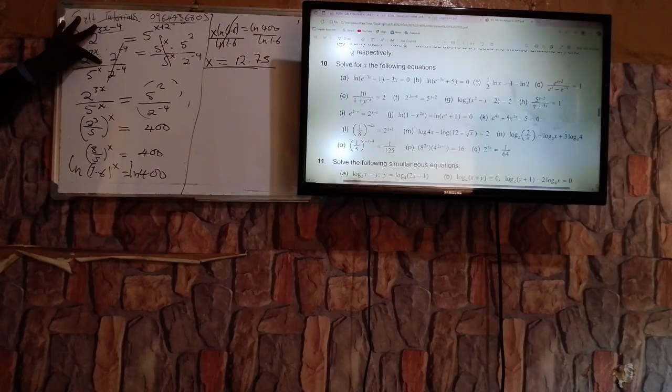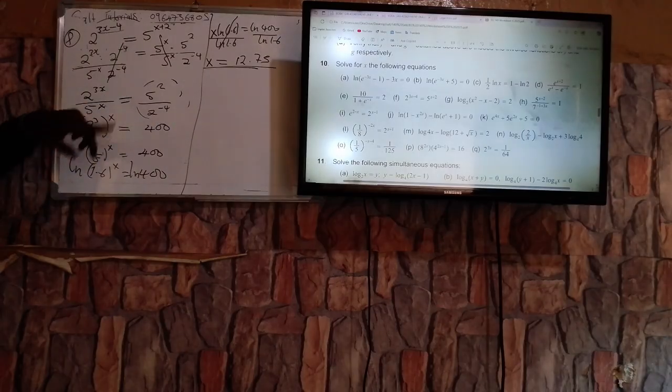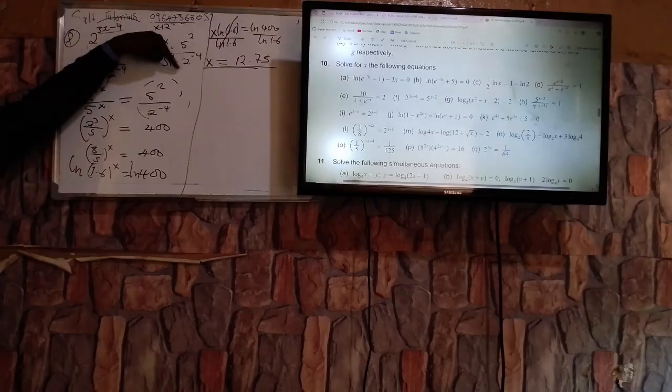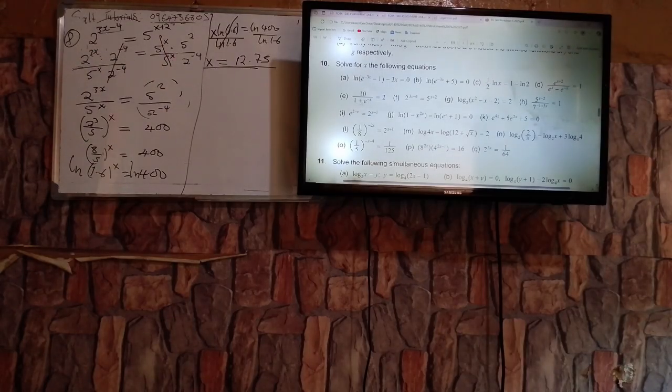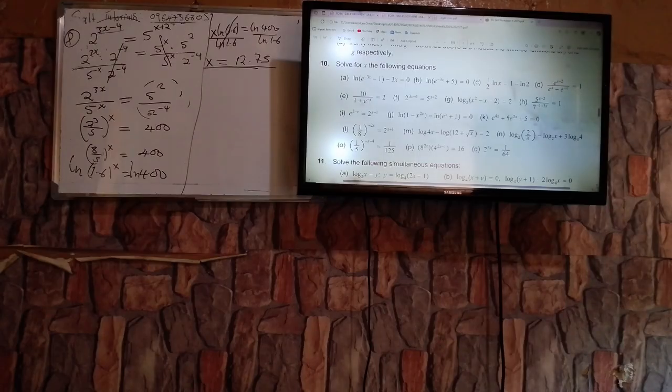Here I don't want this guy, so I will divide by 2 power negative 4 so that the answer should go this side. So this goes and this goes, I'll remain with 2 power that and 5 squared power that. Until we reach this stage now, since the power is x, we apply natural log on both sides and we can find the value of x in that manner.